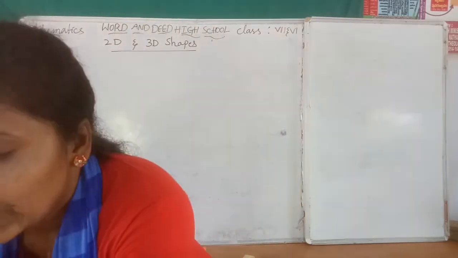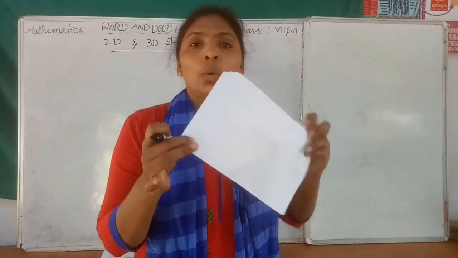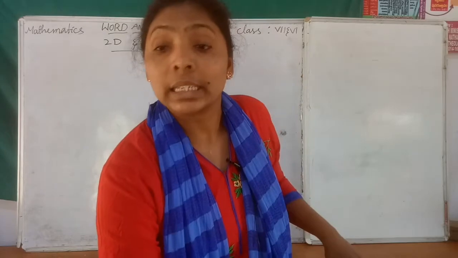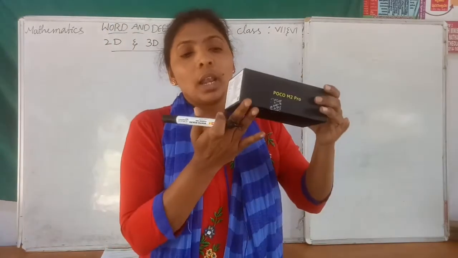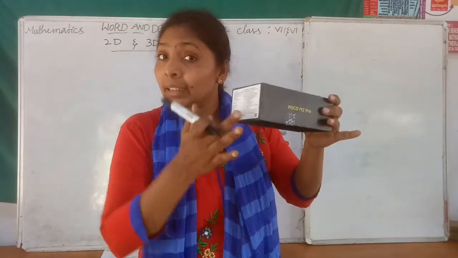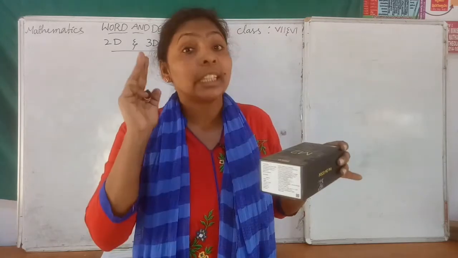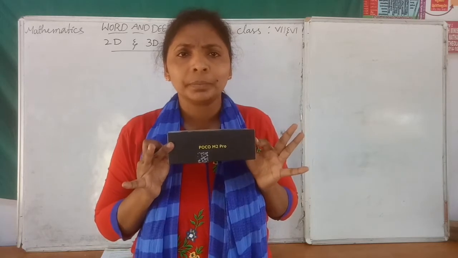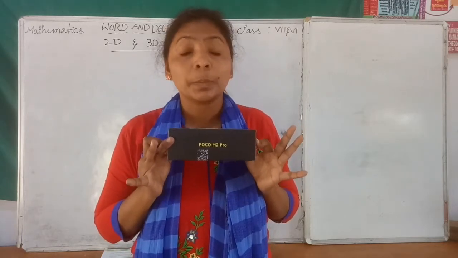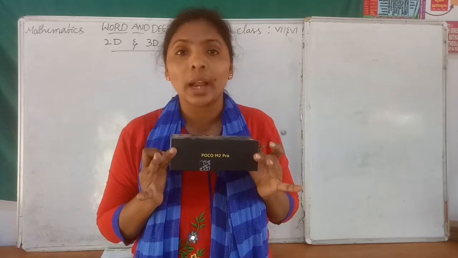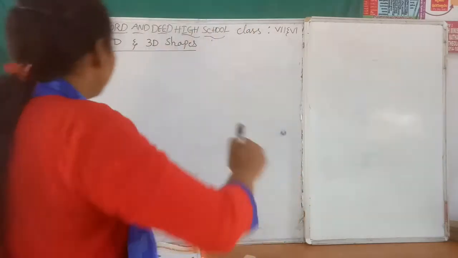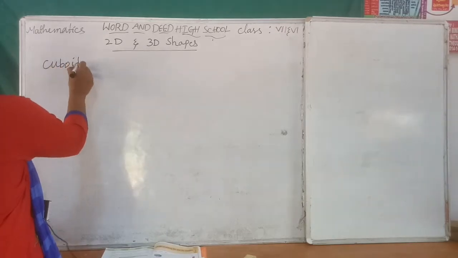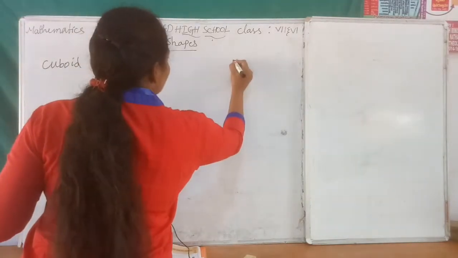If we take paper, only 2 dimensions, length and breadth, that's all. But here we have length, breadth, height. You can observe, children, 3 dimensions we have. So what is this picture, children? Can you observe? Can you identify? This picture is a cuboid. How can we draw the picture?